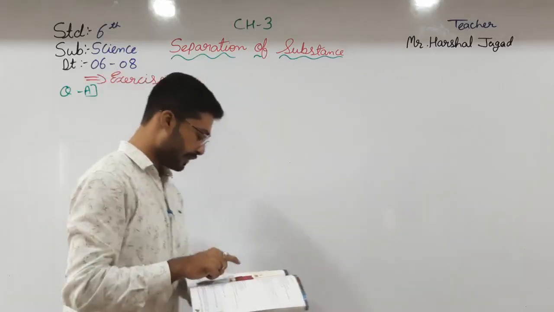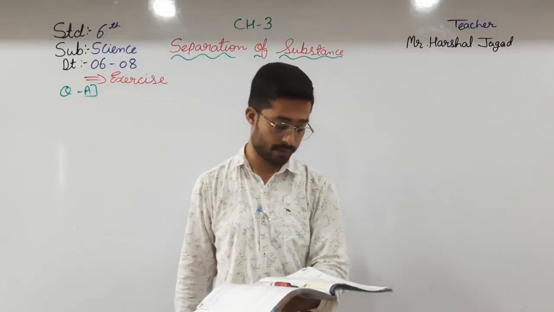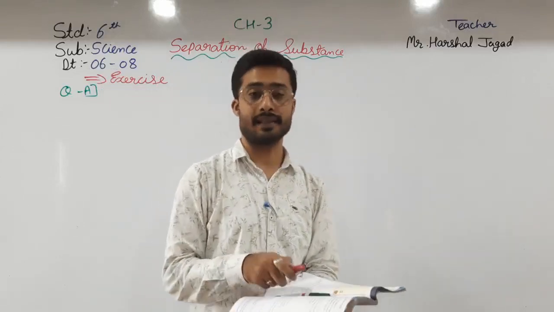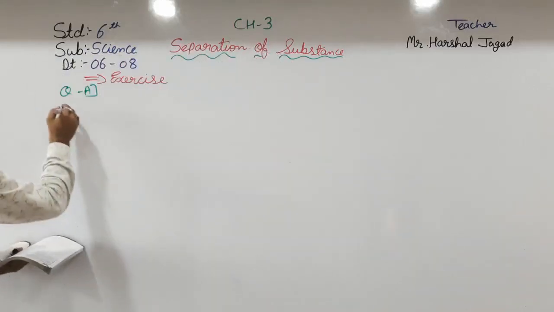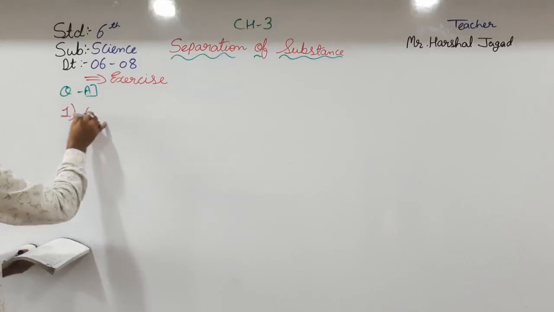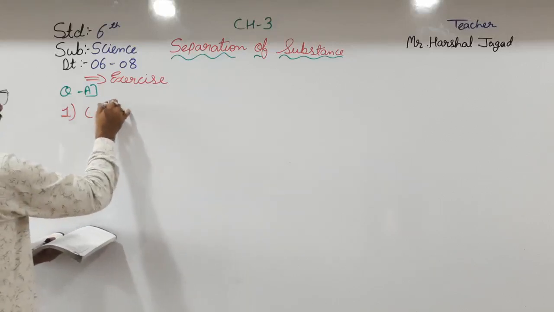In that, the first one: grains can be separated from stalks by which method? That is the seed threshing method. So the first one will be threshing.